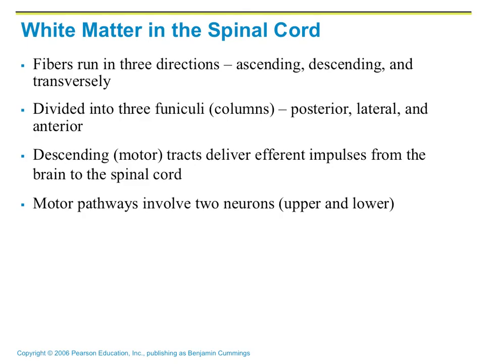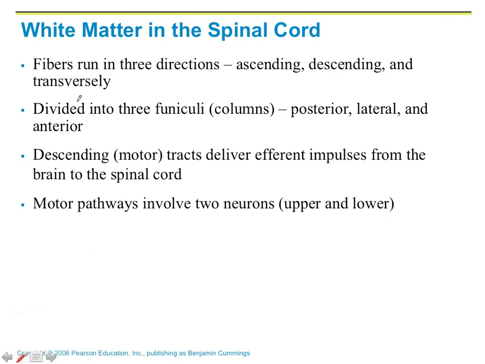So now in this slide, we can see the summary of the contents that we just discussed. Okay. So actually, the fibers traverse in the white columns in 3 directions: ascending, descending, and transversely.